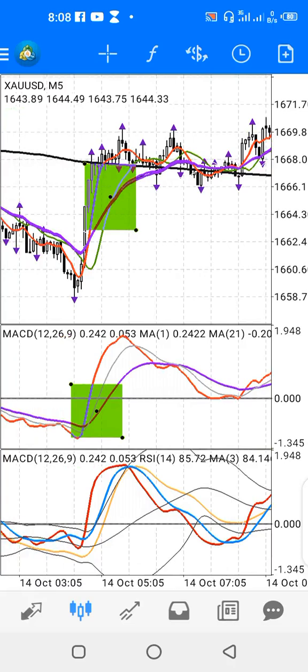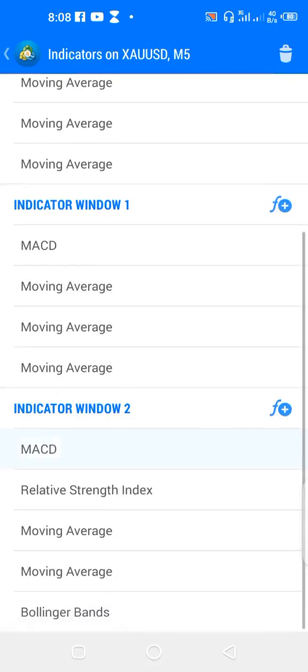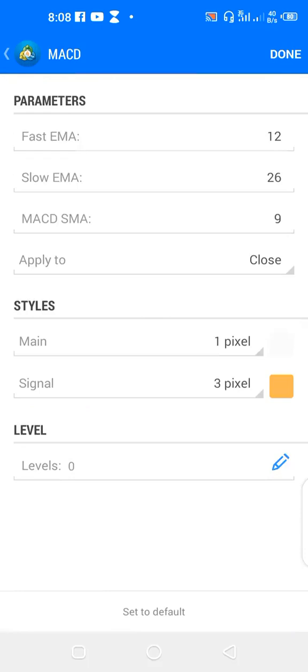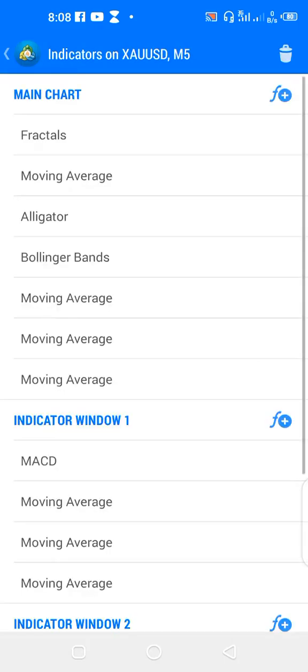Let's look at indicator window two. Let's look at the parameters. You have MACD, the fast EMA parameters. We have 12. The slow EMA is 26. MACD SMA is 9. Apply to close, and the color of the signal is orange.